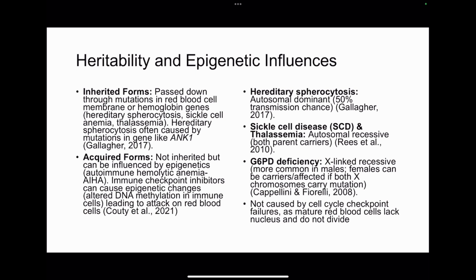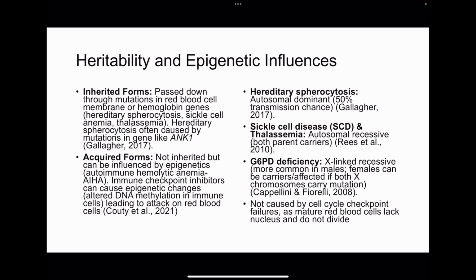So, regarding inheritance patterns, hereditary spherocytosis is typically autosomal dominant, meaning a 50% chance of transmission from an affected parent. Sickle cell disease and thalassemia are both autosomal recessive, requiring both parents to be carriers for the child to be affected.